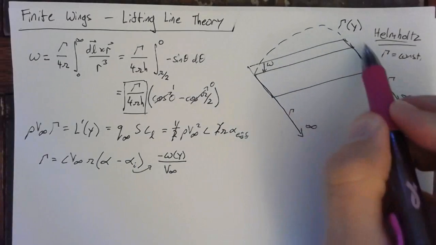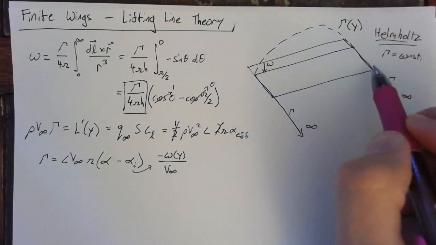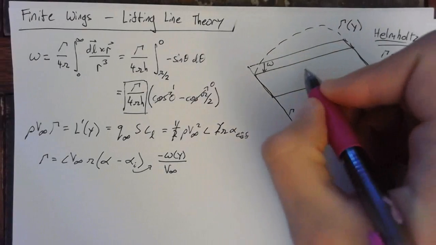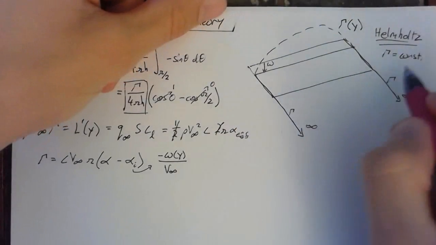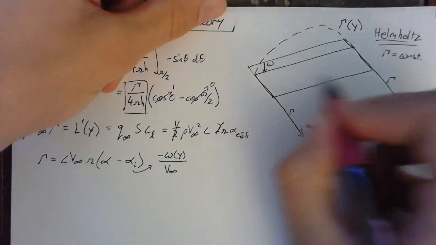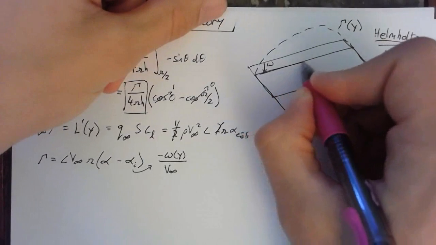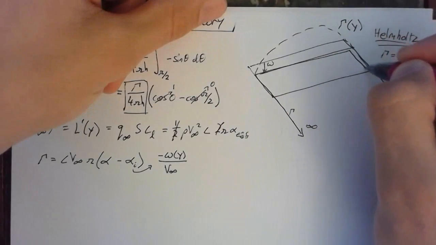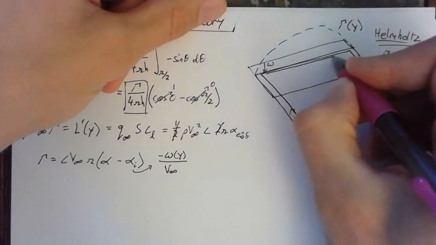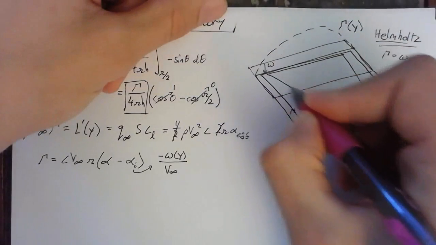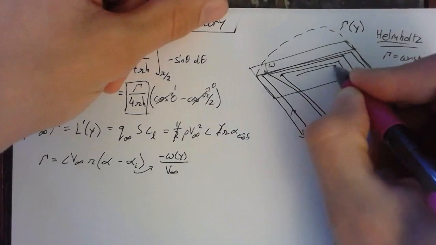So if I'm changing the gamma up here, I need to have more vortex filaments. So instead of a single vortex filament, we're going to have an infinite array of these trailing off behind. So in order to change the gamma, we're going to have to create an infinitely large number of trailing vortices, which all have slightly different strengths.